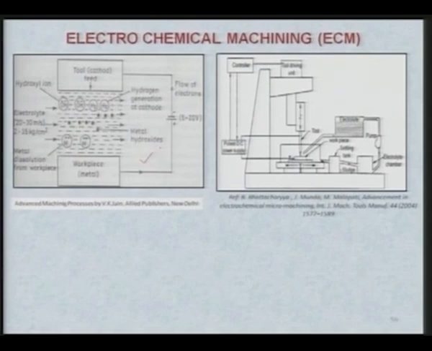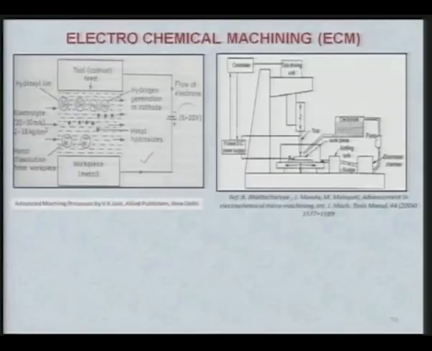This is for macro electrochemical machining, but for micro electrochemical machining you have to lower the voltage. This is the setup developed for electrochemical micromachining by Bhattacharya et al. at Jadavpur University.